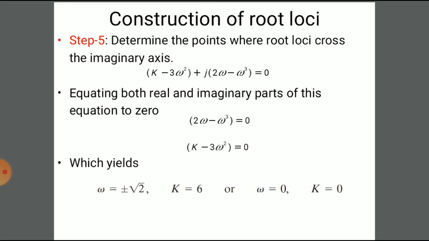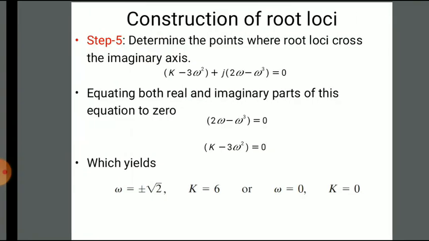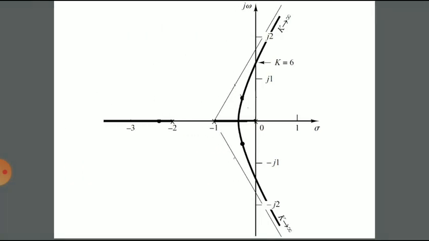By calculation, forming the Routh array, you will get K equal to 6, that is the marginal K. You will get the intersection of the root locus with the imaginary axis, and then you have to draw the root locus.